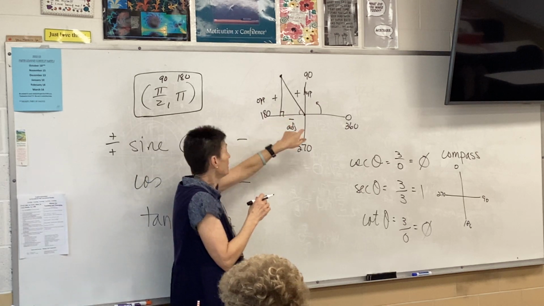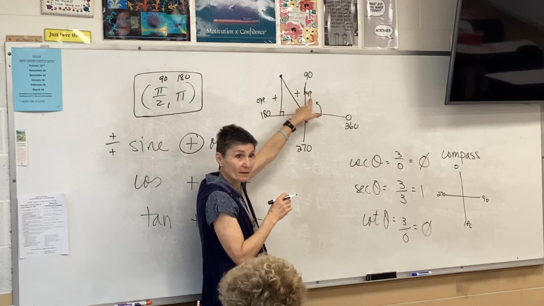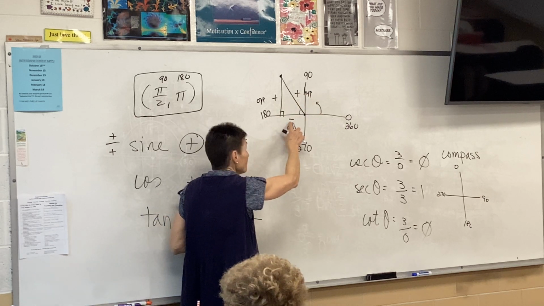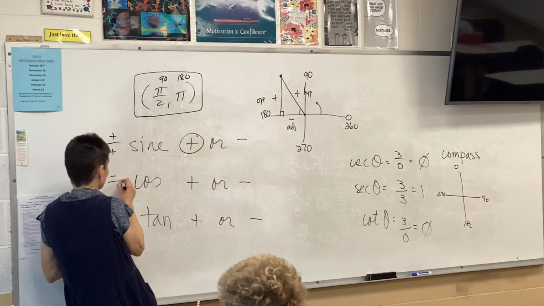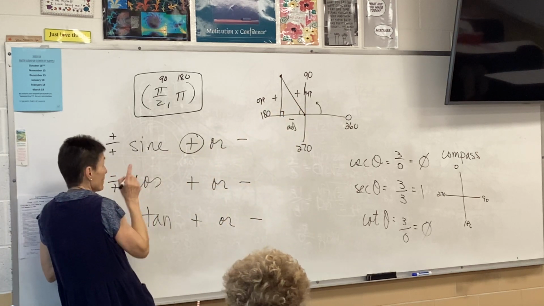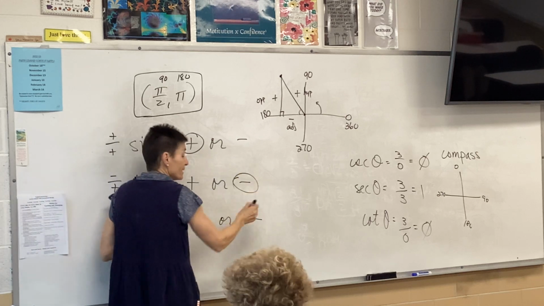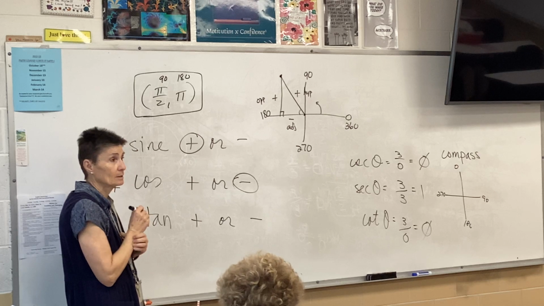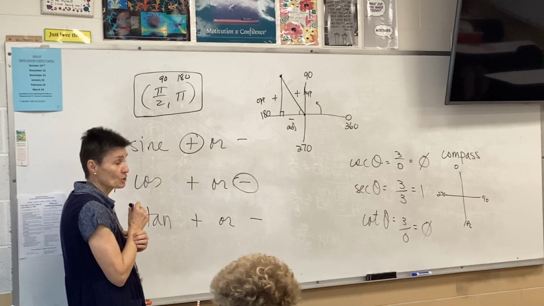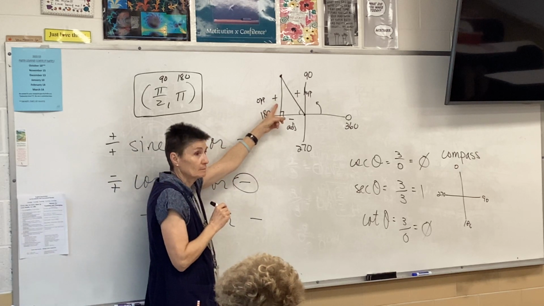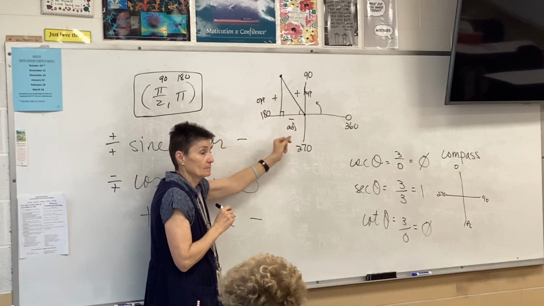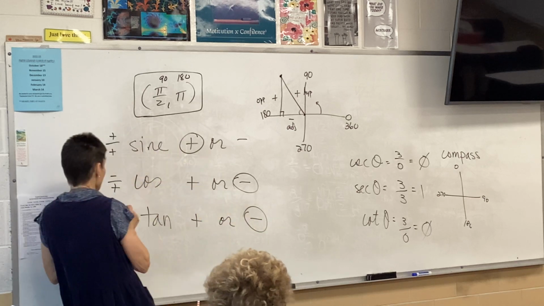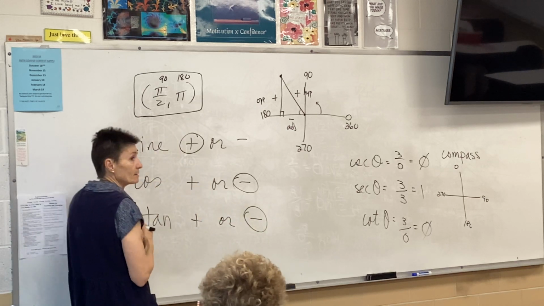Cosine is adjacent over hypotenuse. So that would be negative over positive. So in that quadrant, cosine is negative. What about tangent? Negative. Tangent's also negative because it's opposite over adjacent.